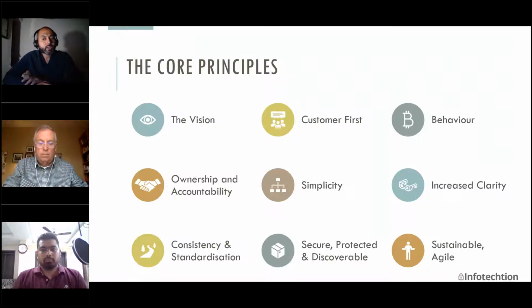With that vision, organizations are really moving towards IG and information management practices keeping customer and end user first. In the previous slide, John mentioned bringing that balance between IT and business. It is really about putting the customer at the focus of it, ensuring that the business and end users are central to the information governance design.